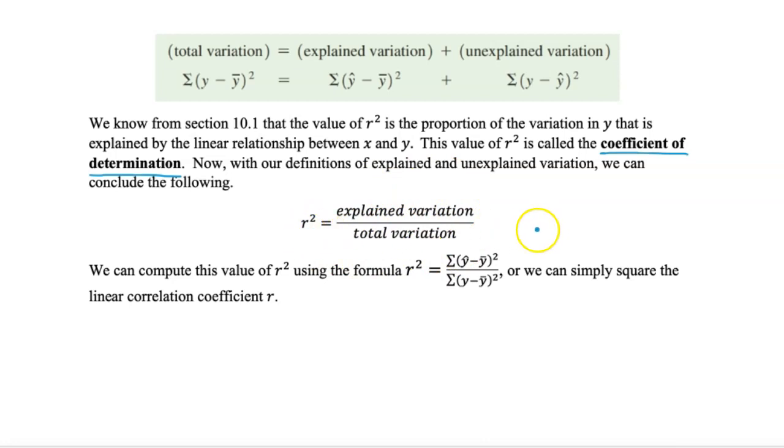When we have a proportion of successes, it's always the number of successes over the total number of trials. So the same idea holds here. We can compute the value of r squared using this formula, but we're not going to do that. We're simply going to square the linear correlation coefficient r. Because we're finding this linear correlation coefficient using technology, we might as well just square that value.